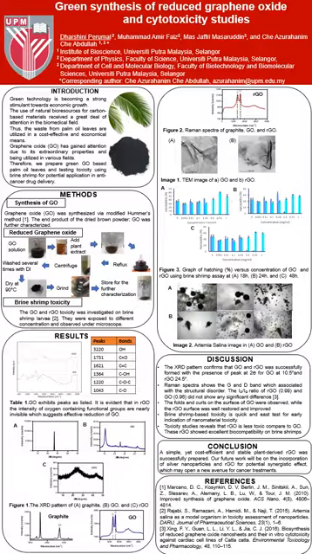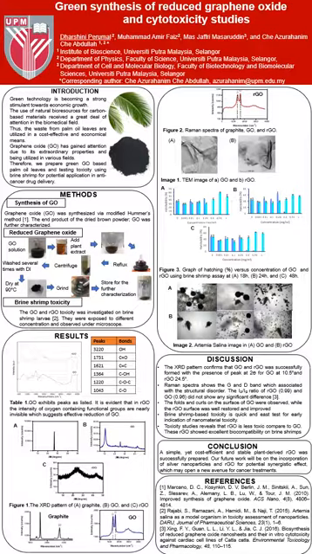The atomic structure of the samples was determined by using XRD. Figure 1 shows the XRD pattern of graphite, graphene oxide, and reduced graphene oxide. Figure 2 shows the Raman spectra of graphite, graphene oxide, and reduced graphene oxide. Image 1 shows the TEM image of graphene oxide and reduced graphene oxide.